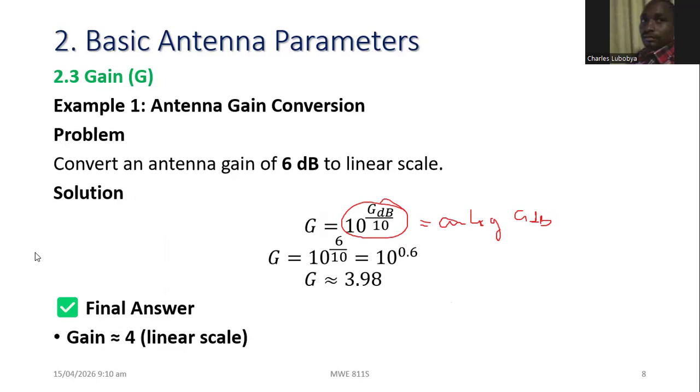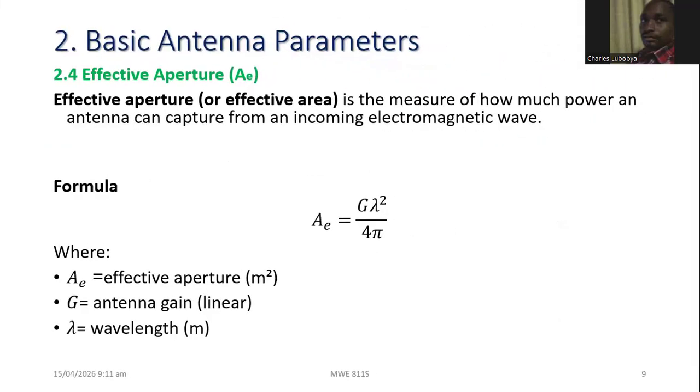Okay, so let's move on now and look at the next parameter, which is the fourth parameter really, known as effective aperture. By definition, the effective aperture of an antenna is a measure of how much an antenna can capture signals from an incoming electromagnetic wave.